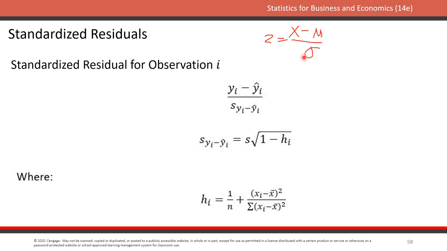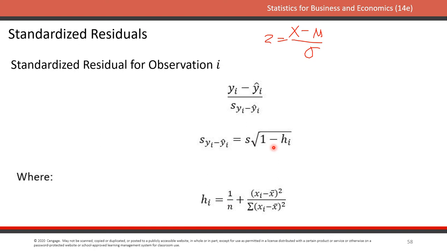Sometimes it's called studentizing values using this equation. So here we have y minus the predicted y divided by the standard error of the residual. In this particular case, we'd use this equation.